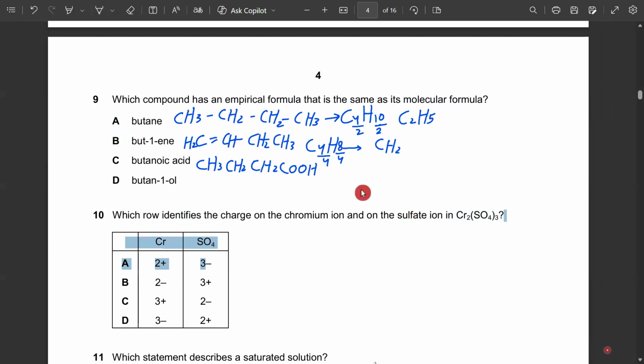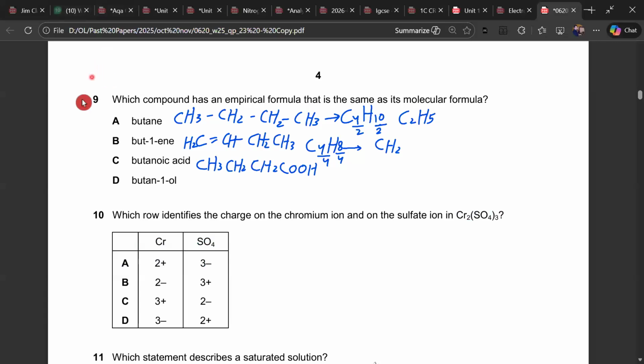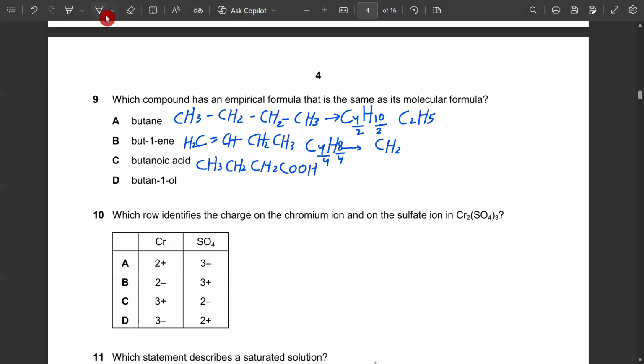Its molecular formula will be C4 and then count the hydrogen atoms. 3 plus 2, 5, plus 2, 7, and then one more, 8, H8, and 2 oxygen atoms, so O2.